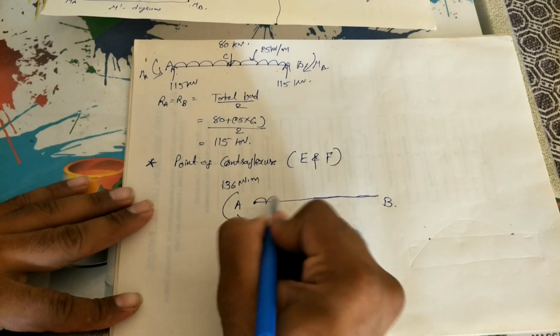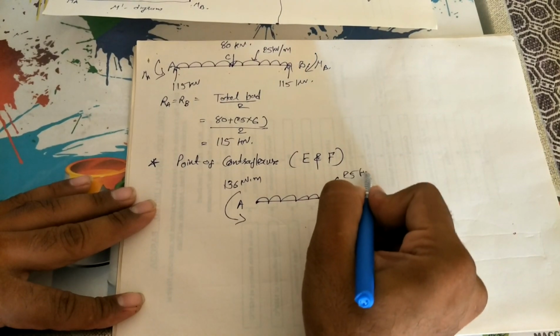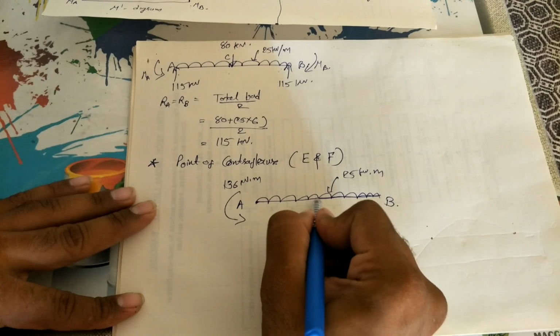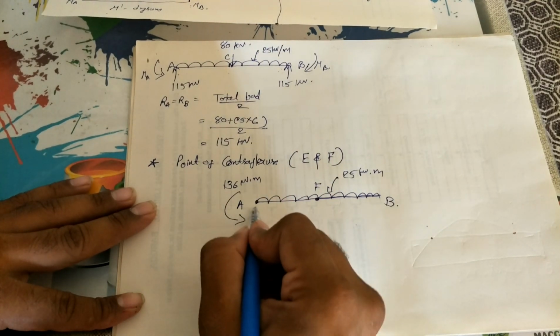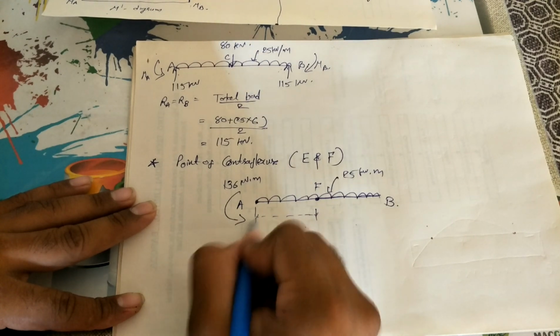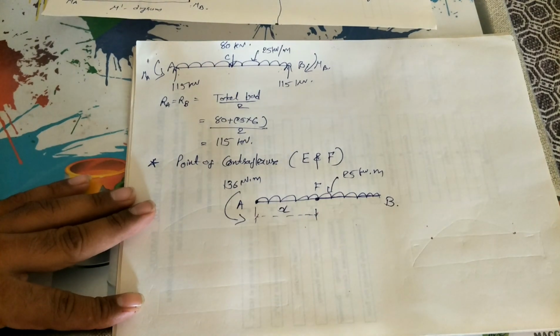This is my UDL of 25 kilonewton per meter. Up to F, let us take this first distance F, which is the distance I have to calculate, so this distance is x.